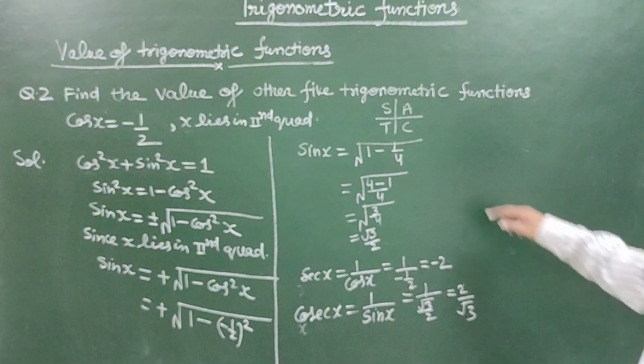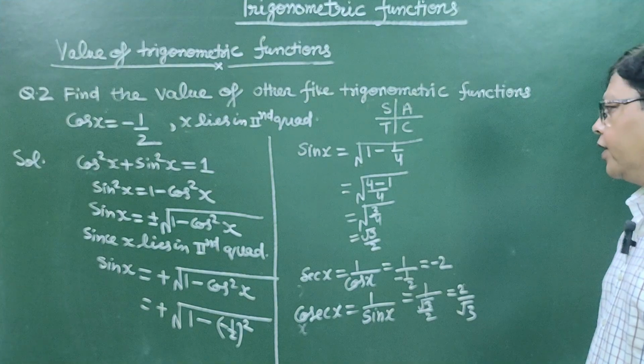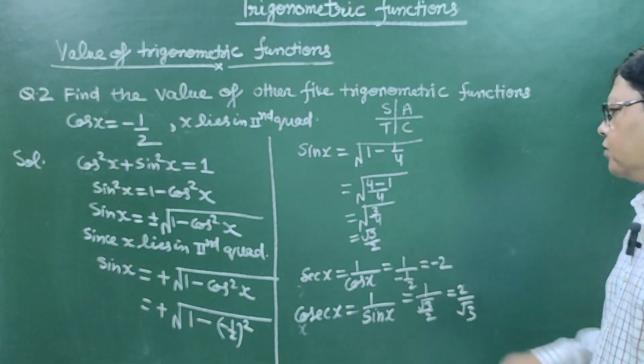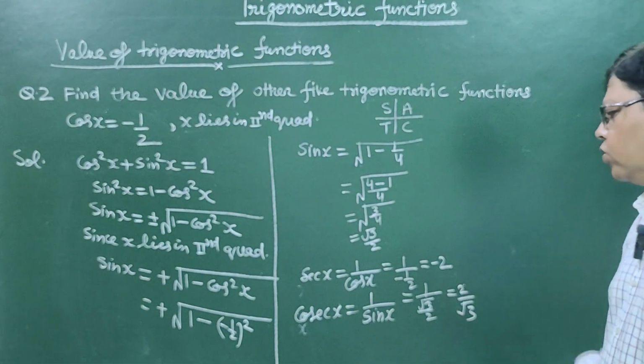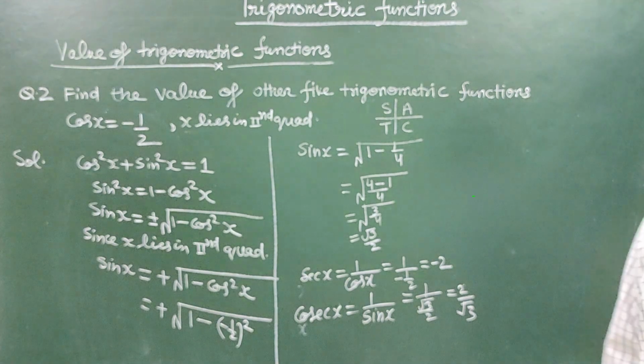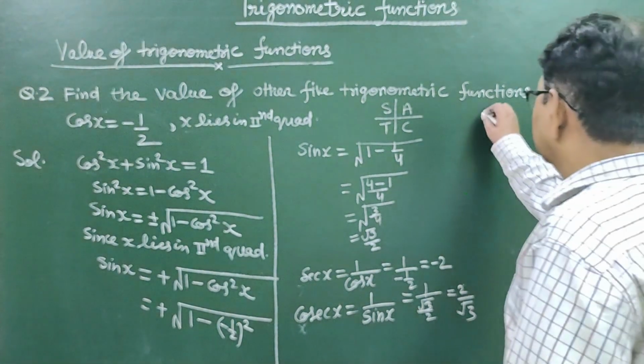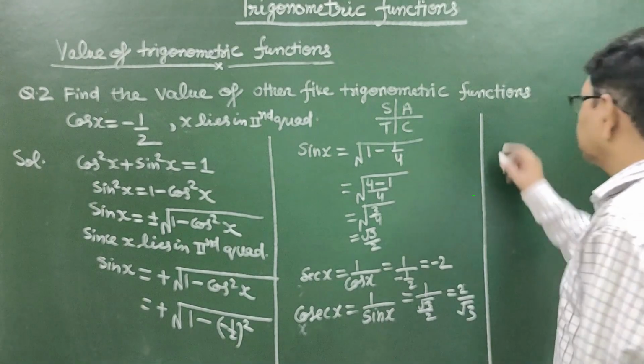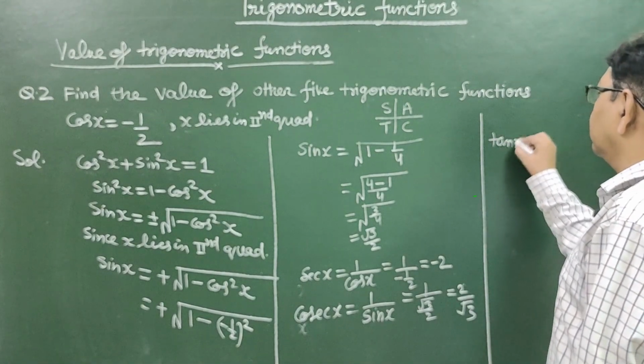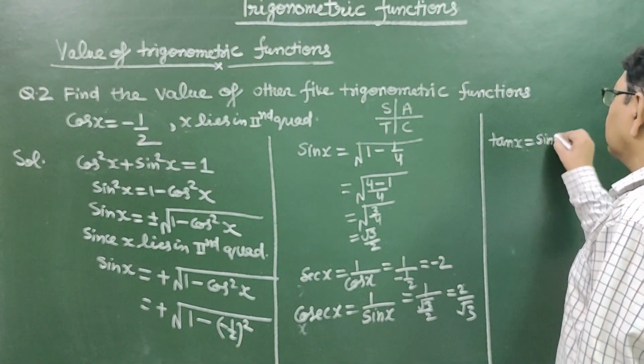So we have calculated three trigonometric ratios here: sin x, sec x and cosec x. Now we need to find the value of tan x and cot x. Tan x is equal to sin x upon cos x.